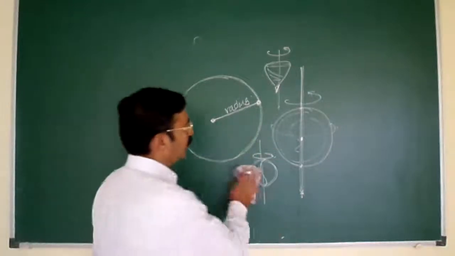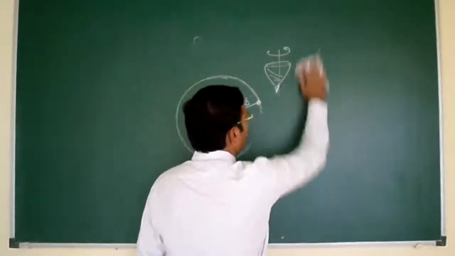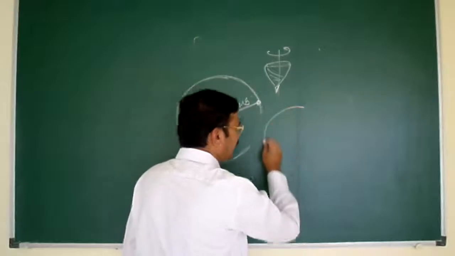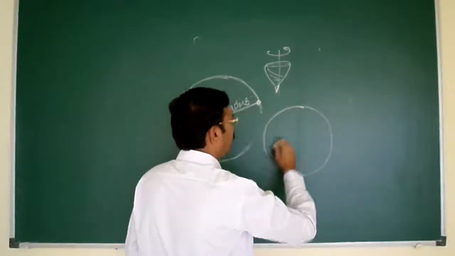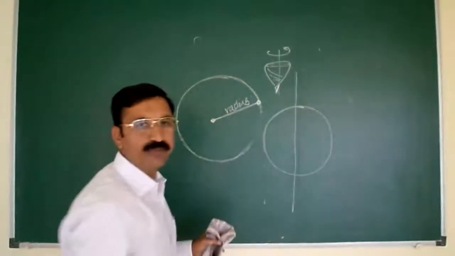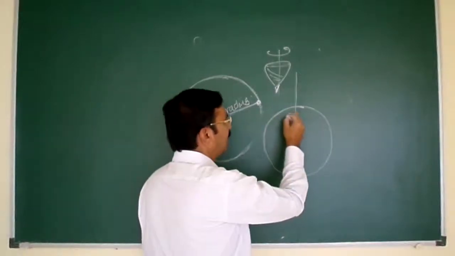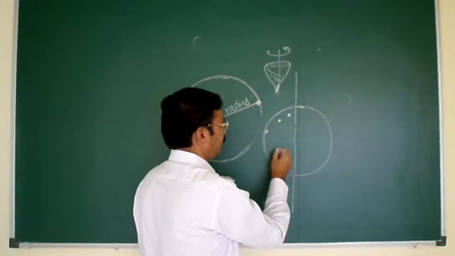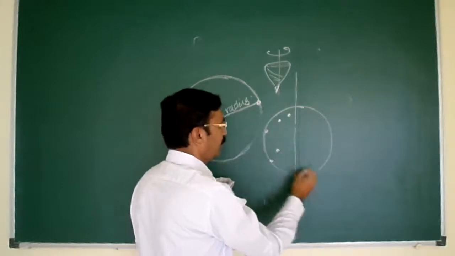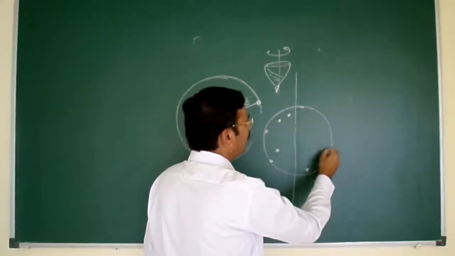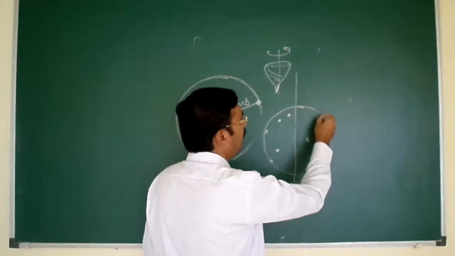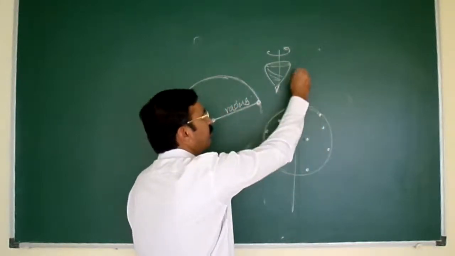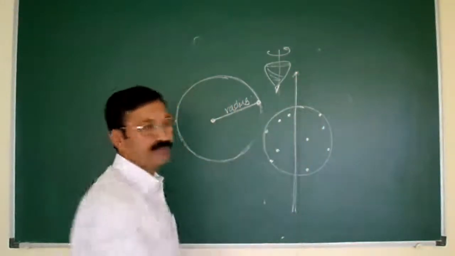In rotational motion, what happens? As the entire body spins around itself, the body is made up of a large number of tiny particles. These particles are situated at different points from the axis of rotation.